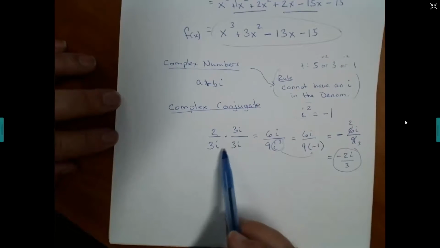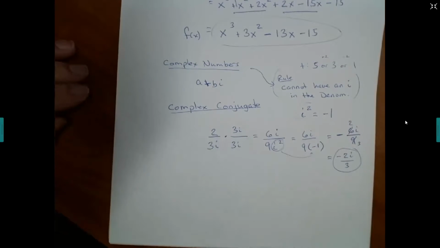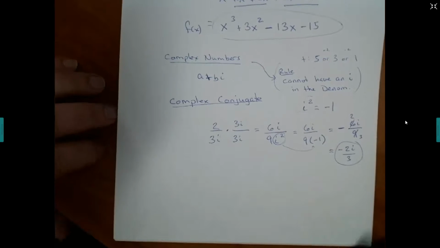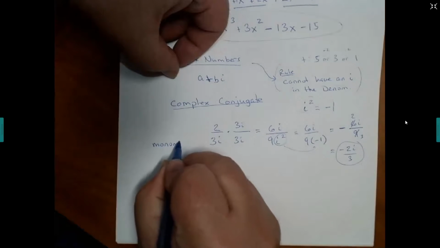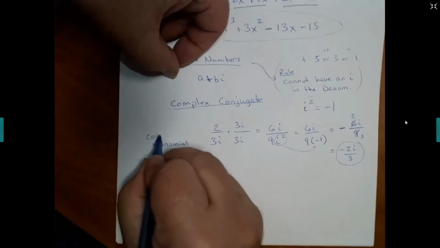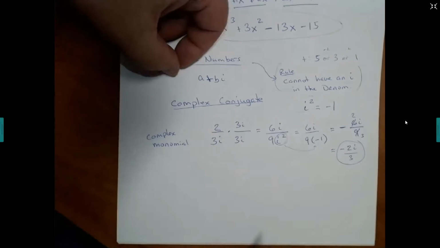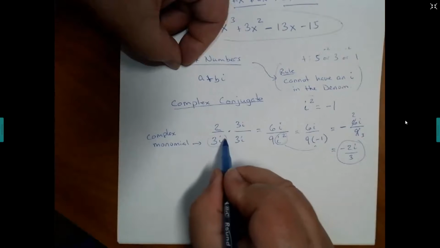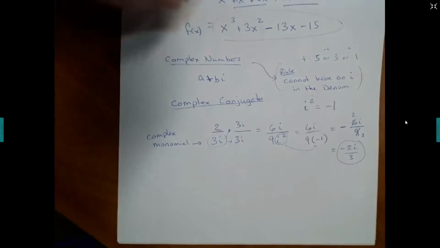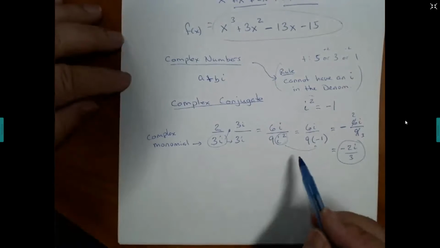So I said just multiply top and bottom by whatever the bottom is. Whenever you have a complex monomial on the bottom, multiply top and bottom by that, and it's going to get rid of it.